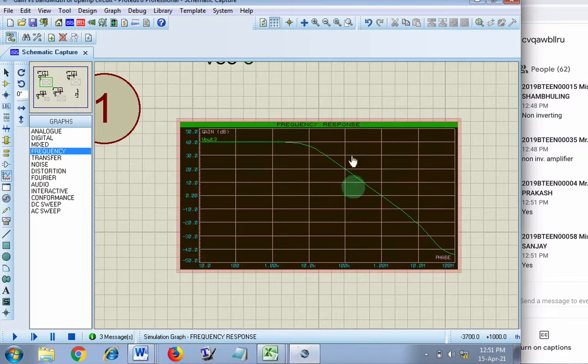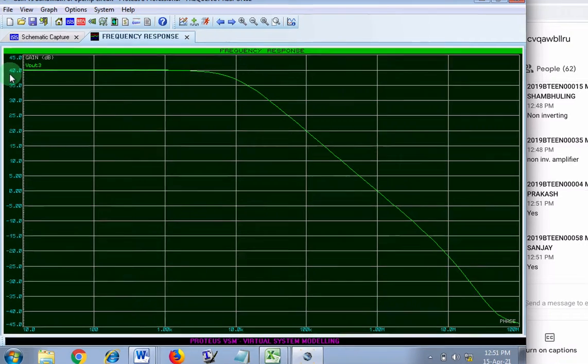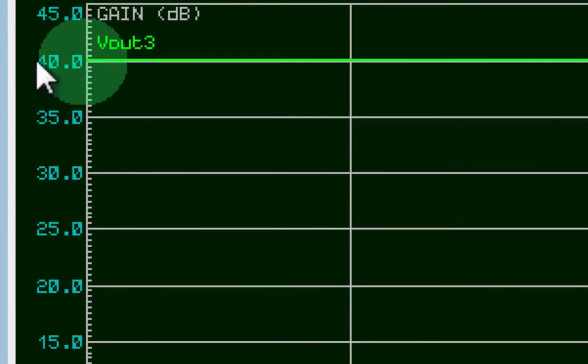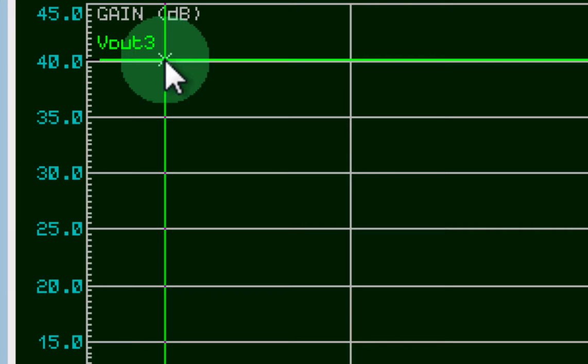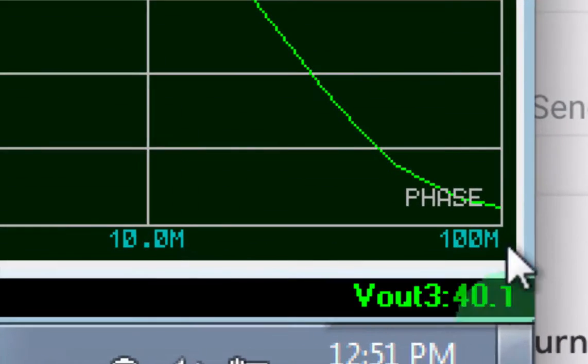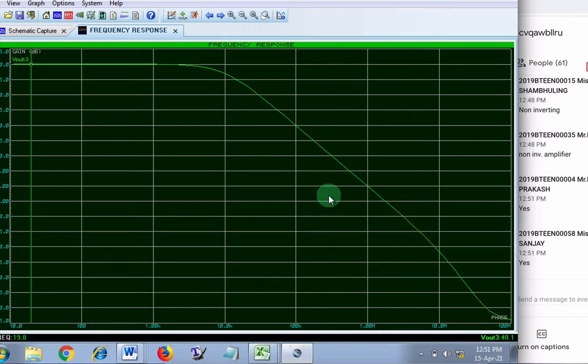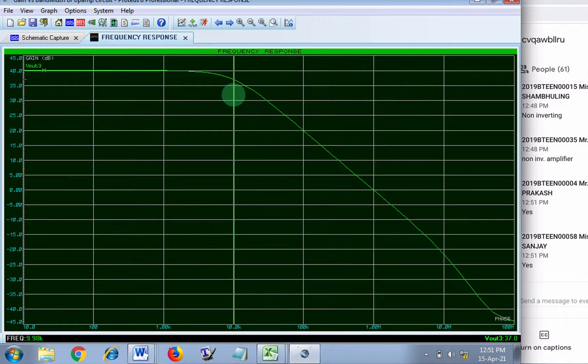Then this I have already done, so let us see what this is. So the gain is 40 dB, that is 100. We'll see what the exact value is. 40.1. We want to get 3 dB less, that is 37.1. So let us go to the cursor and adjust to 37.1.